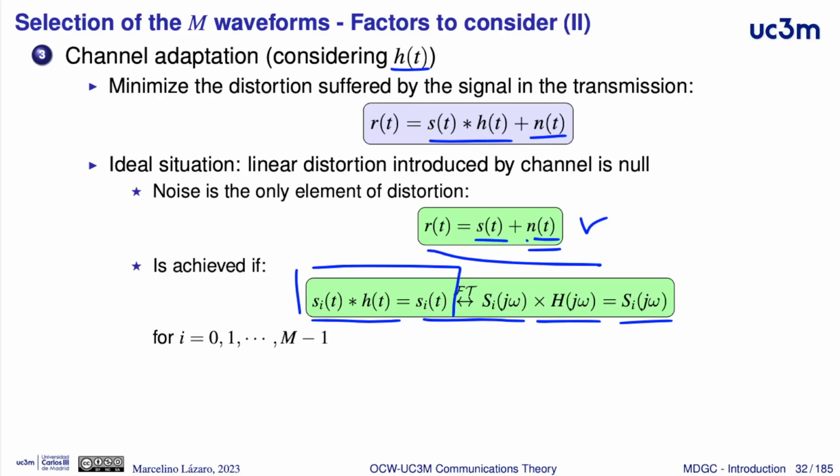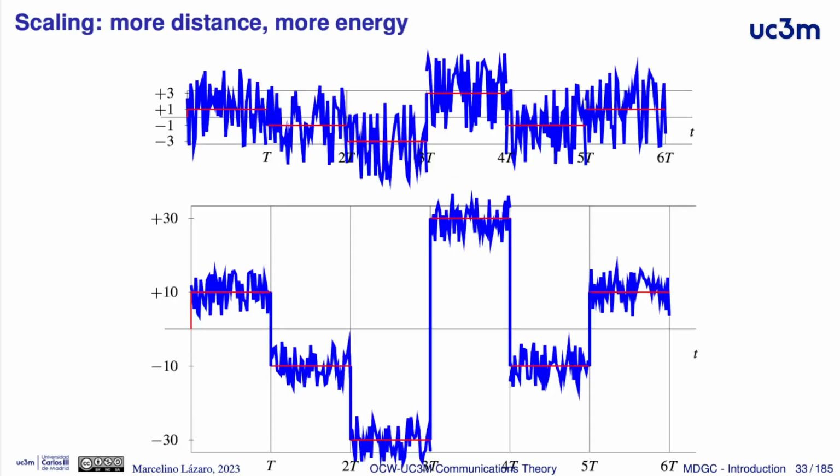However, it is difficult to consider these three factors at the same time working with the signals in the time domain or in the frequency domain. Because, for instance, distance and energy have a trade-off. If we scale the signals, so that these are scaled with respect to these ones, then the distance is higher and the effect of the noise is lower, but the energy is much higher.